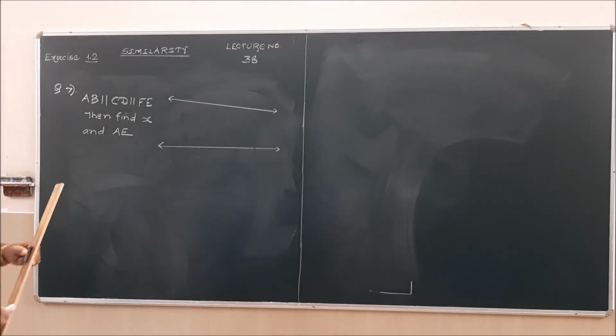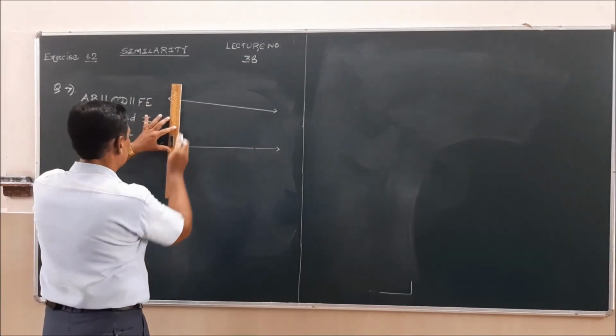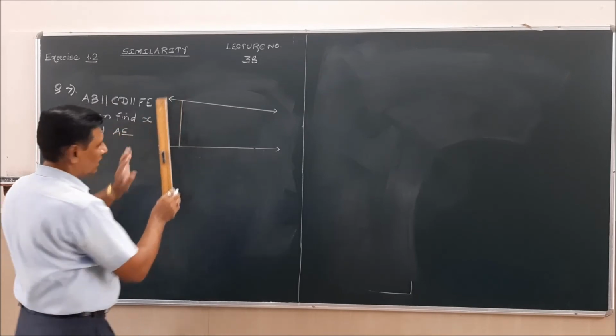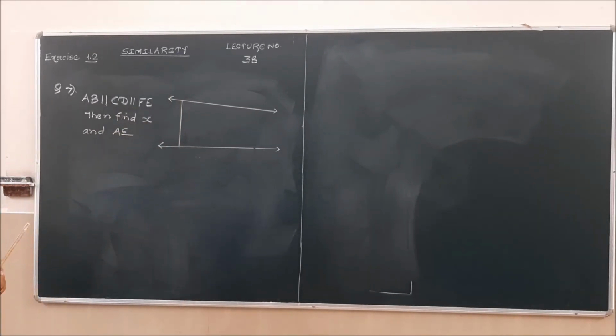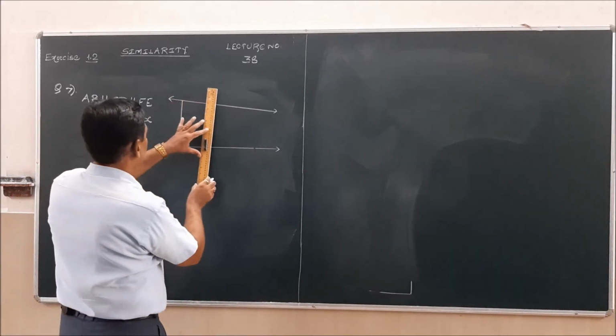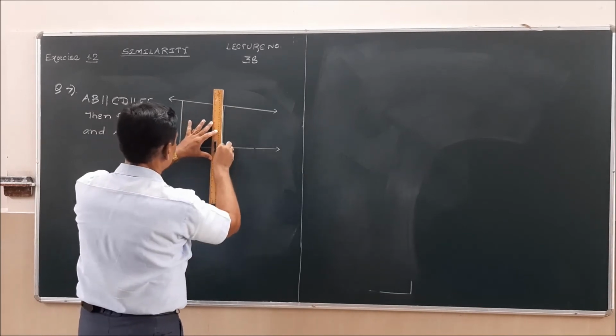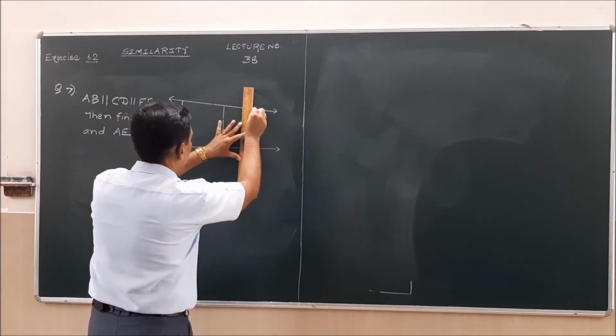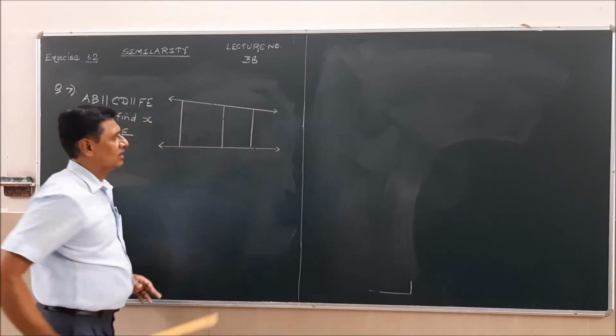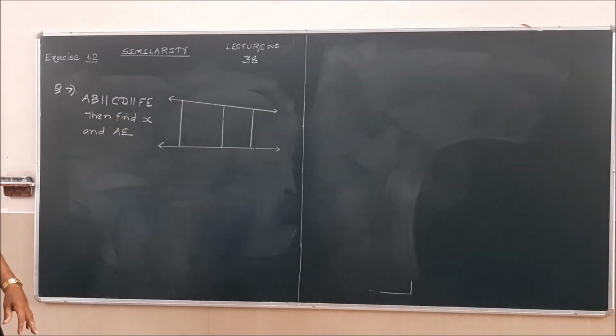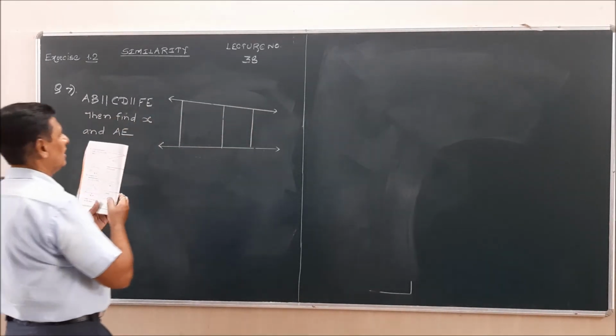In the figure, you will find AB. Next to that is DC and F. So BA.